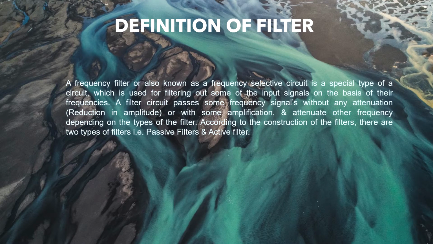Second is active filter. Active filters use active components such as an operational amplifier, transistor, etc. The downside is that it needs an external source of power, but it provides a high voltage gain.